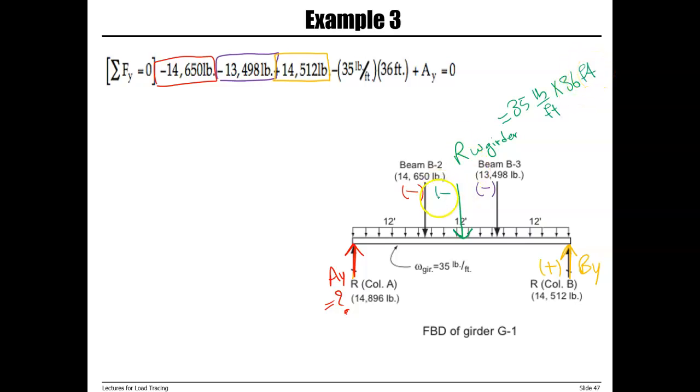It's downward, so we're going to also use a negative sign here. And then we have upward reaction at point A, and then we can solve for reaction at point A.